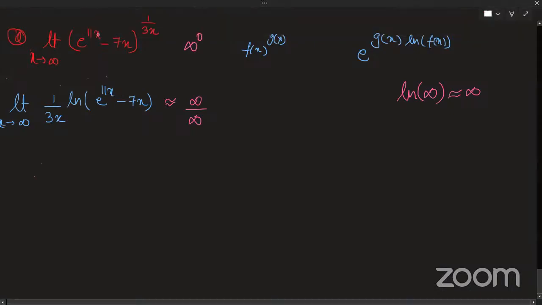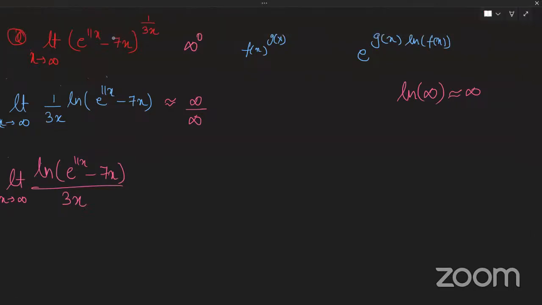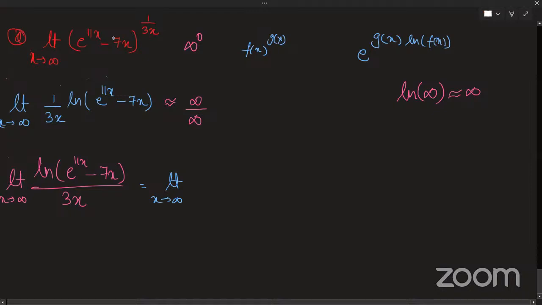Okay, so you have got ln of e raised to 11x minus 7x whole divided by 3x, limit x tends to infinity. If it is infinity by infinity form, what approach can we take to solve it? L'Hospital, great. Go for it. So limit x tends to infinity will remain as it is.